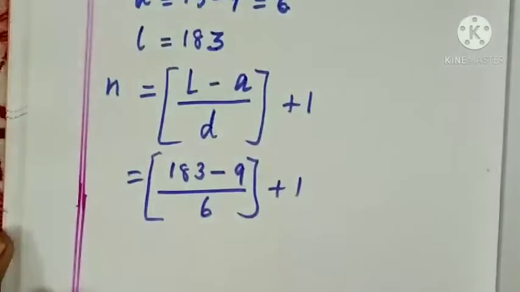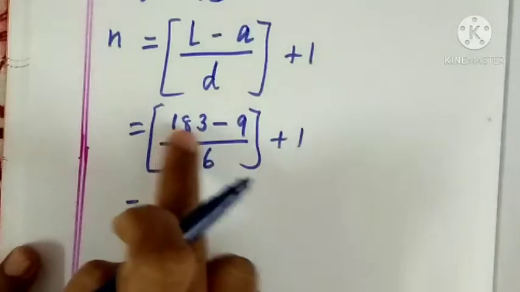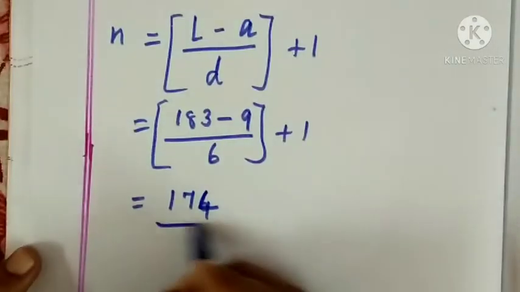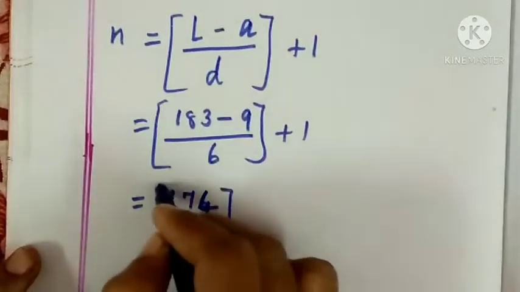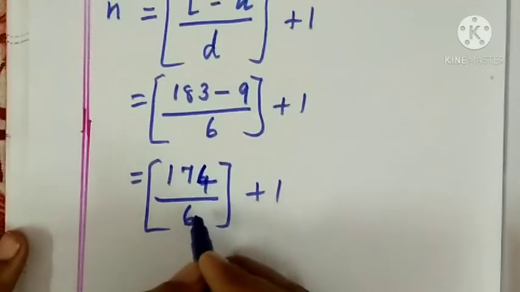First you have to simplify this bracket term: 183 minus 9 is 174, by 6, plus 1.